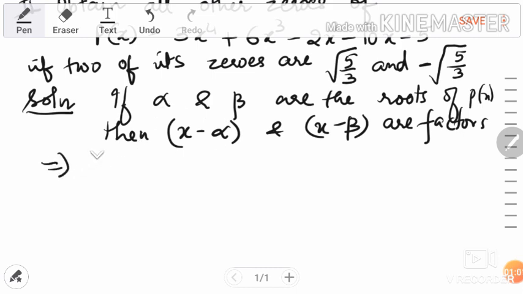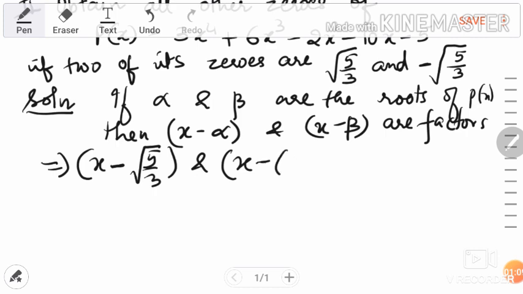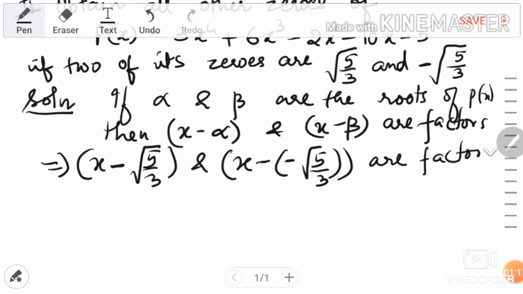So this implies x minus root 5 on 3 and x plus root 5 on 3 are factors of p of x.